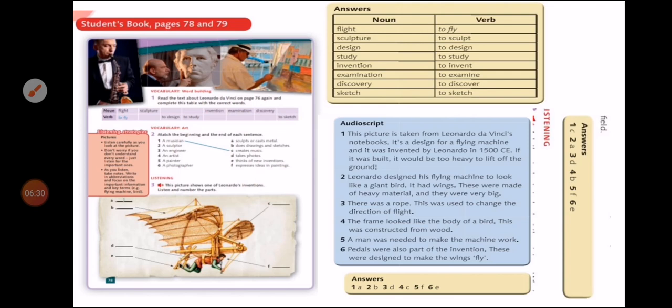Now I'm going to read number 2. Leonardo designed his flying machine to look like a giant bird. It had wings. These were made of heavy material and they were very big. إذن 2 with B. 2 with B, okay?